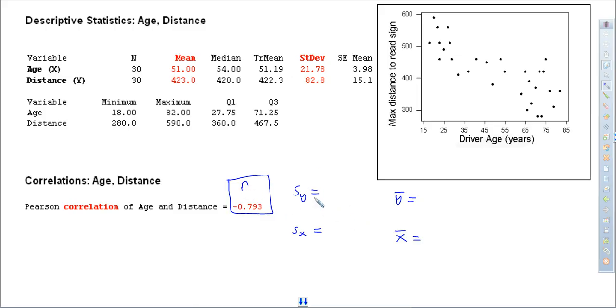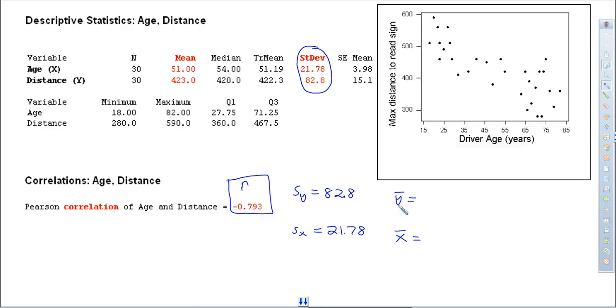And then we need to look here and say, well, what's our standard deviation of y and standard deviation of x? Well, our age is our explanatory, our distance is our response variable, and here are our standard deviations in red. So the standard deviation of y, just make sure you're labeling correctly, is 82.8, and the standard deviation of x is 21.78.